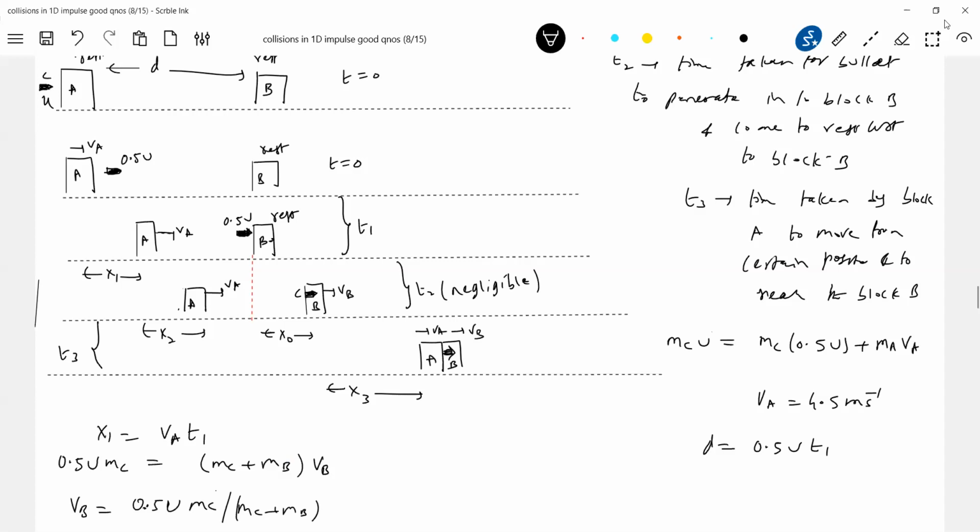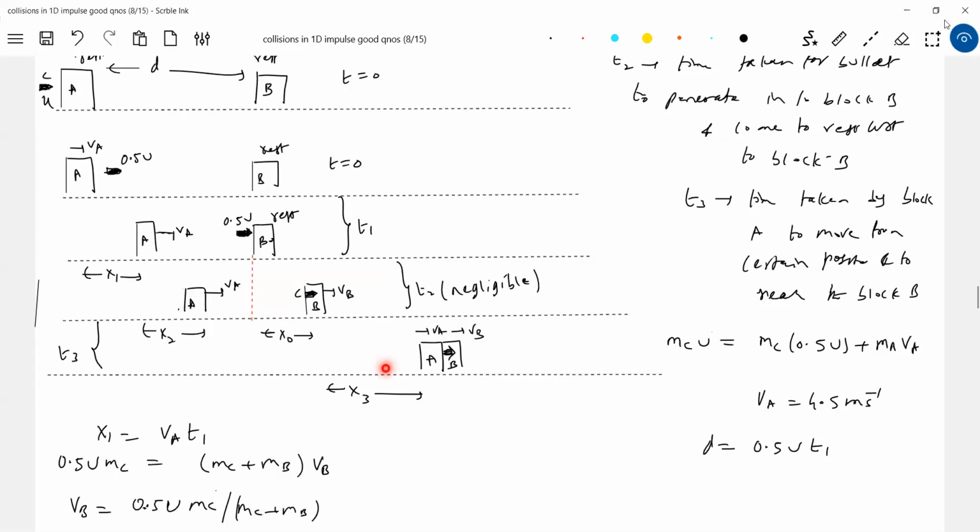Now the trouble starts. How to calculate that x naught? Now d we know. How much distance will block A move to come and collide with block B? It will cover a distance d, then it will move a distance x naught and also x3.